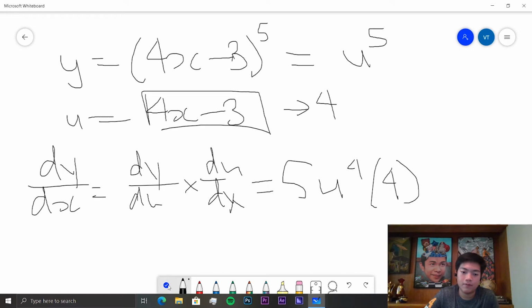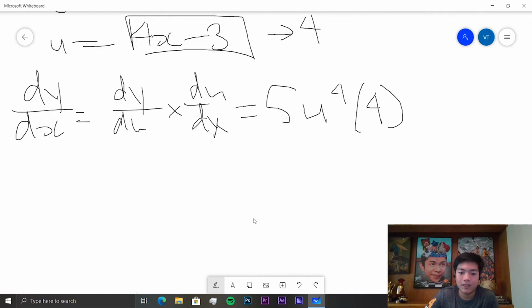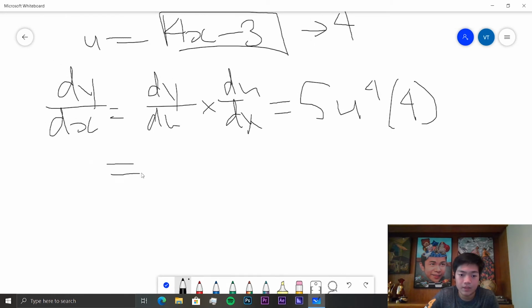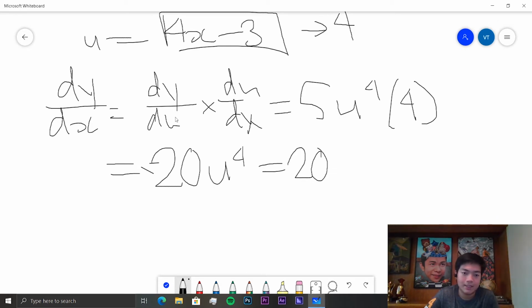So 5u to the 4 times 4, so the derivative is equal to 20u to the 4, and then let's substitute 4x minus 3 back into u. So it's 20 times (4x minus 3) to the 4. That will be the answer.